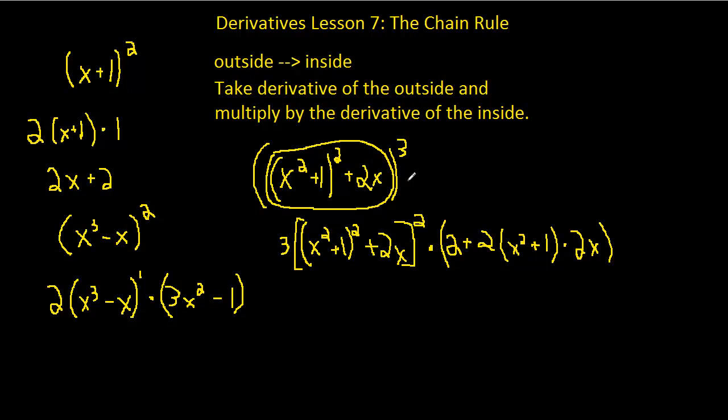So that's all there is really to the chain rule, but because it's something that takes a real understanding to be able to do, we can do another example or two. So I'll clean this up.